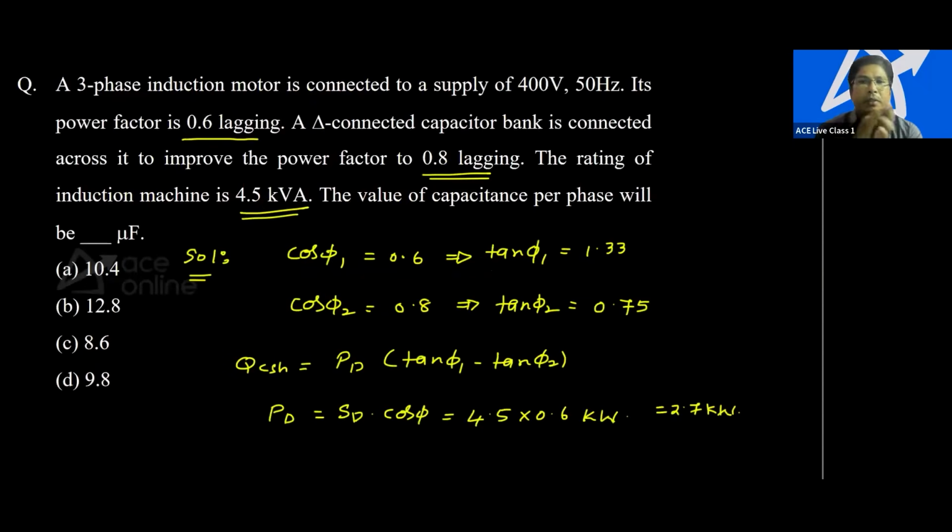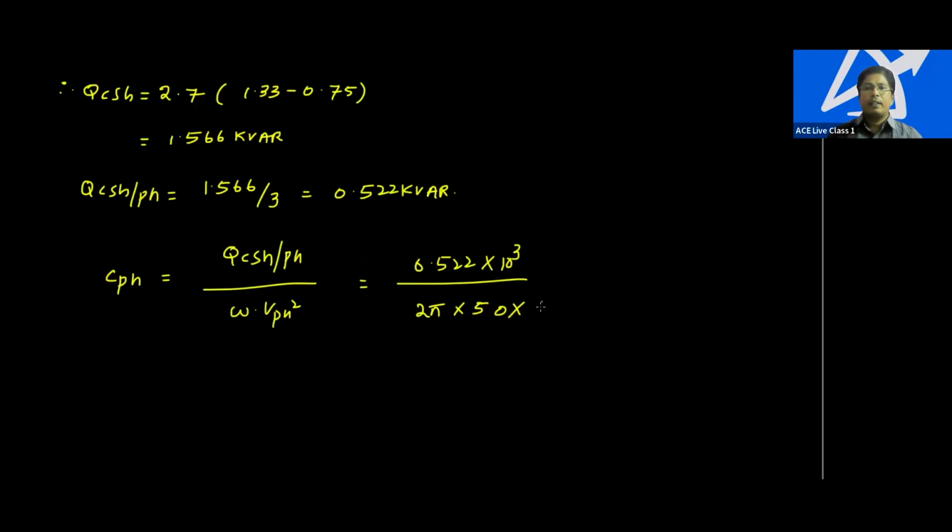What is the value of V phase, students? For the delta connected capacitor bank, the line voltage appears as the phase voltage, so it is 400 volts. Right? So calculate this: 0.522 into 10 power 3 divided by 2 pi into 50 into 400 square.